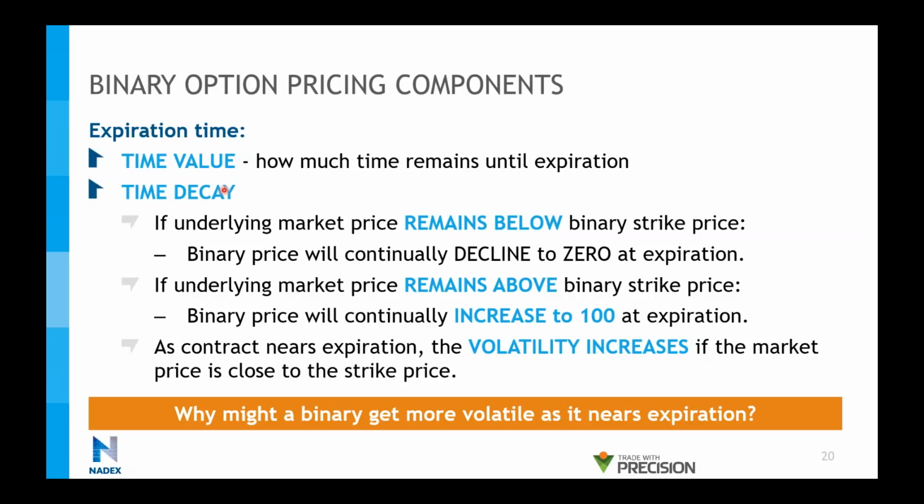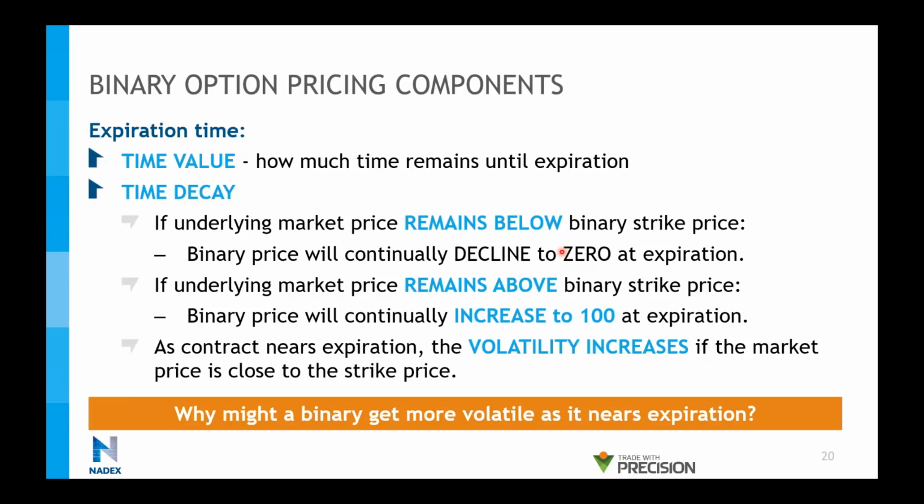This is where this time value thing actually comes in. Time decay: if the underlying market price remains below the binary strike price, the binary price will continually decline to zero at expiration, because with every ticking second, there is less and less opportunity for price to actually move in that direction.